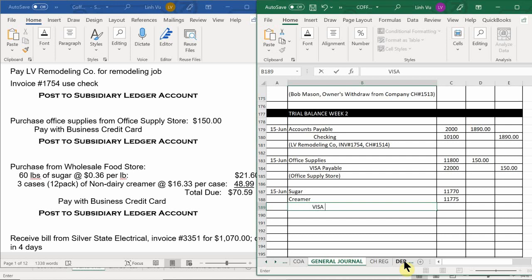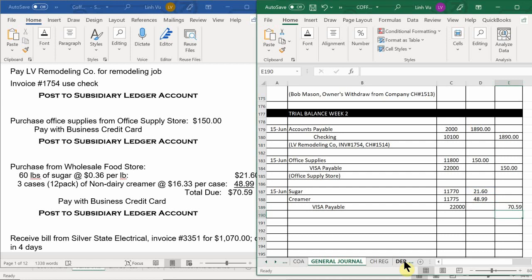Good. Let me see how much it is. We have $21.60 for the sugar, and the debit 21.60. We have 48.99, and we paid a total of $70.59.